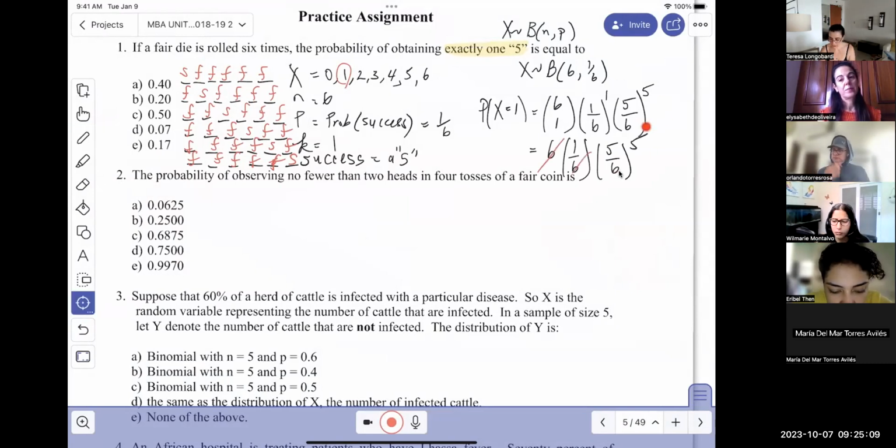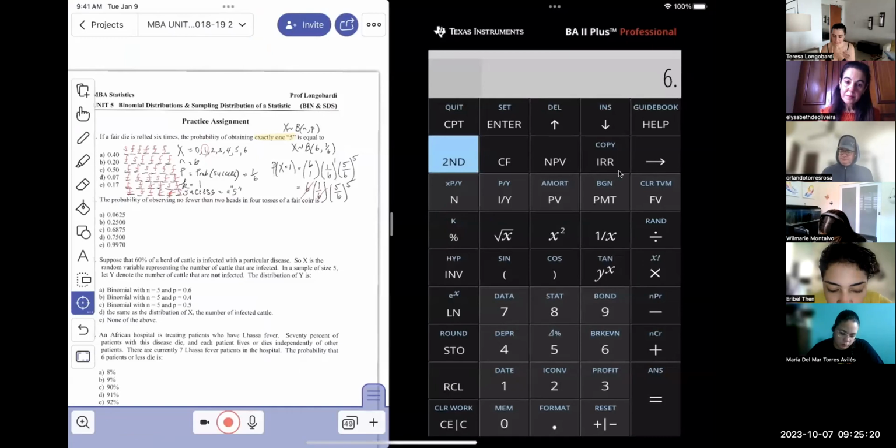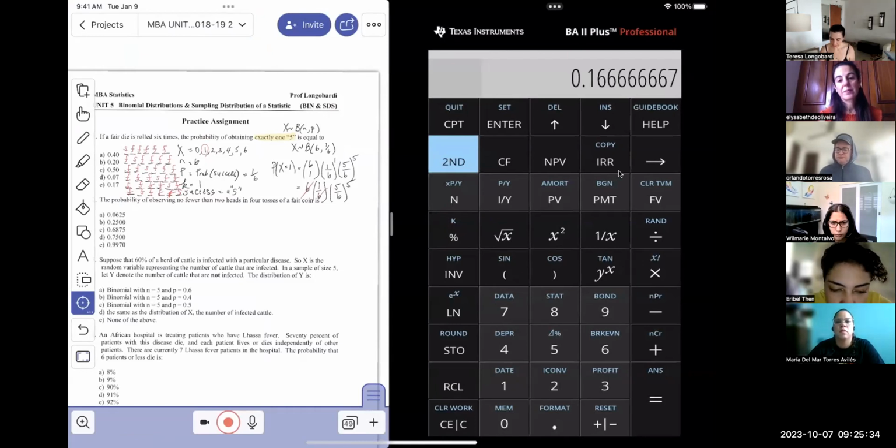But let me finish what I was doing here for people who are interested in doing it from here. You're going to multiply 6 by the inversion of 6. So I take 6 and I use the inverse function to get 1/6. And then I continue to multiply.